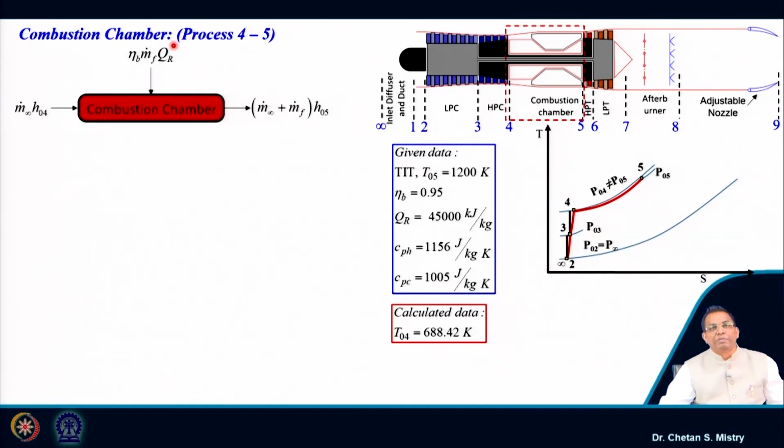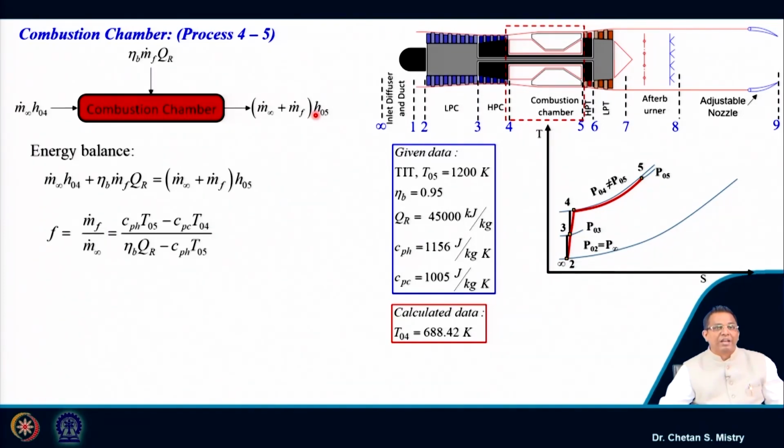This represents the energy release during the combustion process, and at the exit we will have m infinity plus mf, and this will be the rise of my enthalpy, that is H05. So, if we write our energy balance, we are able to calculate our fuel air ratio. This fuel air ratio is correlated with the burner efficiency.